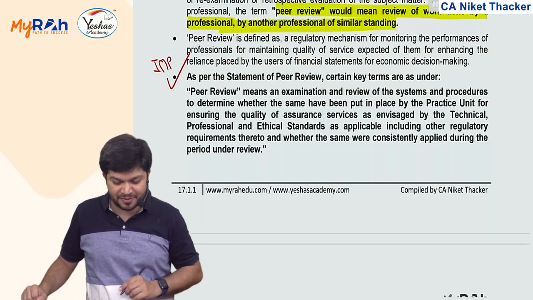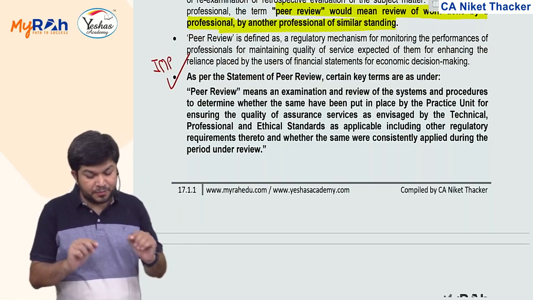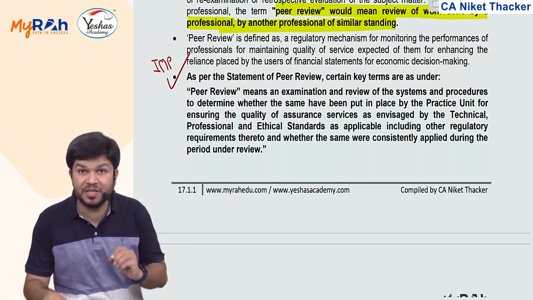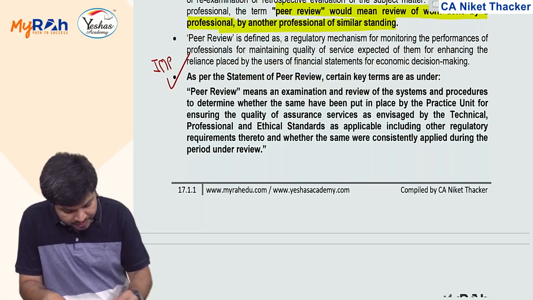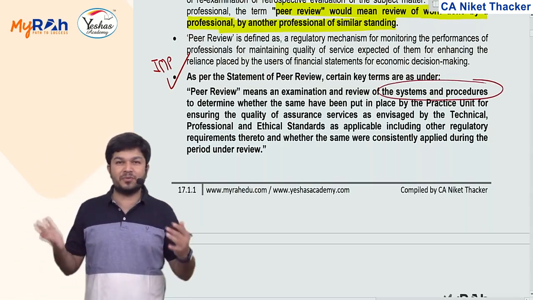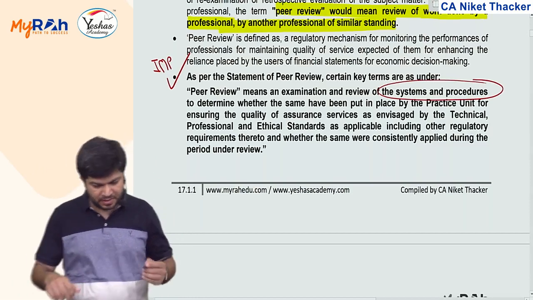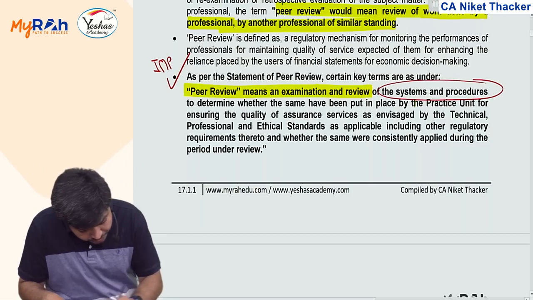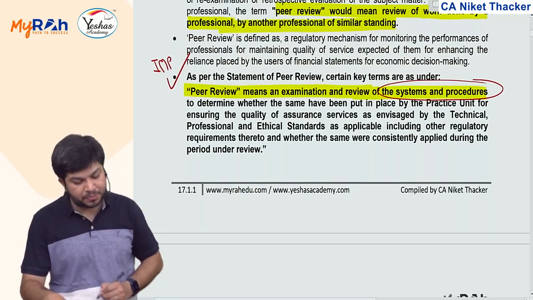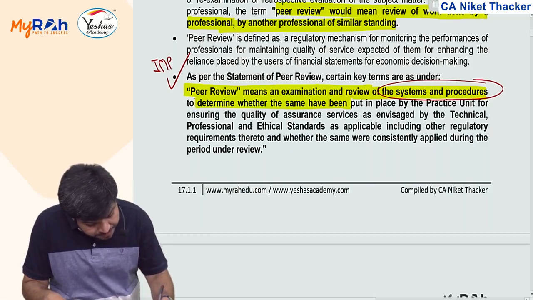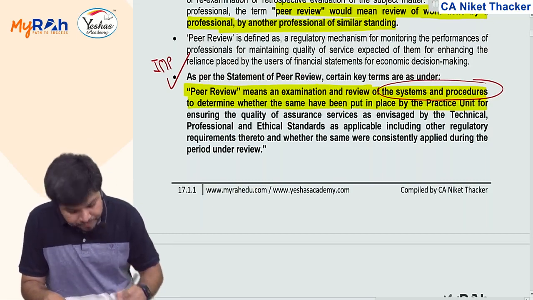Peer review means examination and review of systems and procedures. I told you they are going to come and check your policies and procedures, your systems. So it's an examination and review of systems and procedures to determine whether they have been put in place by the PU.